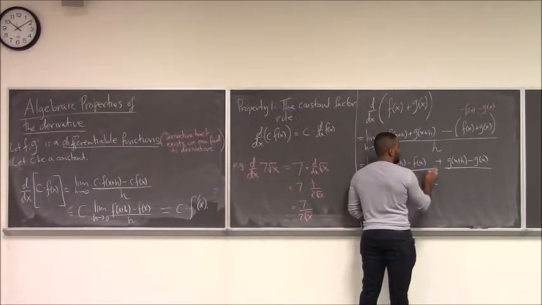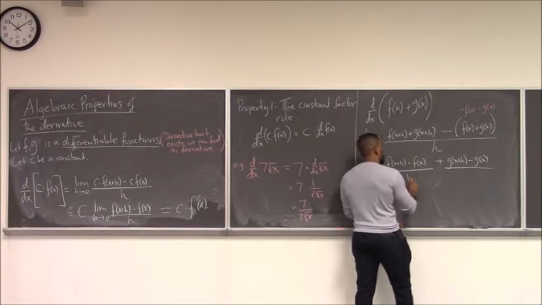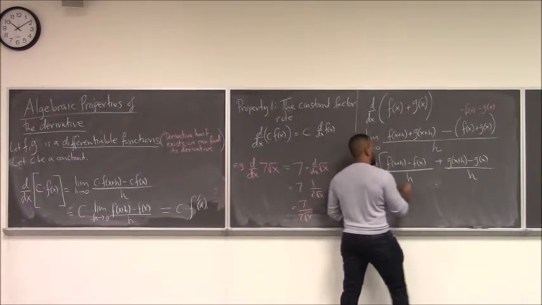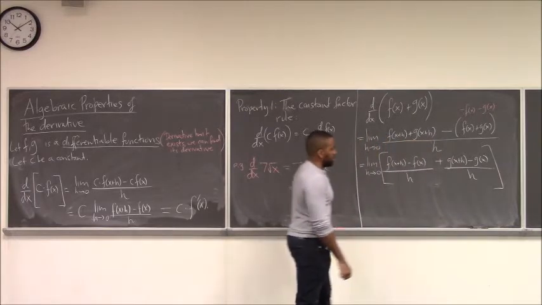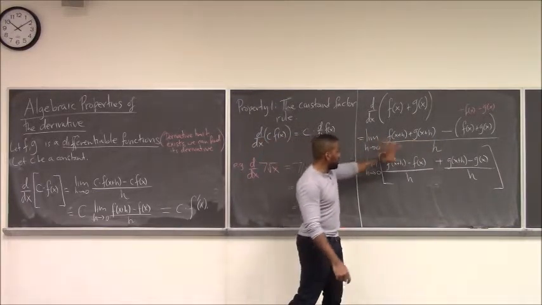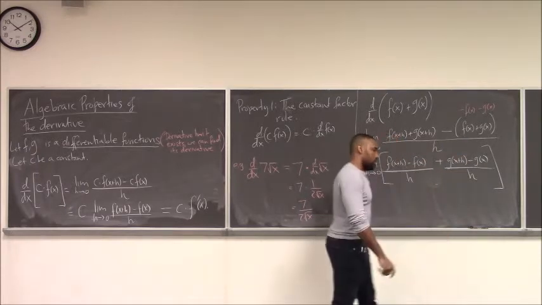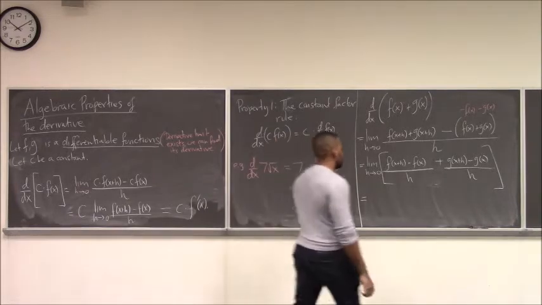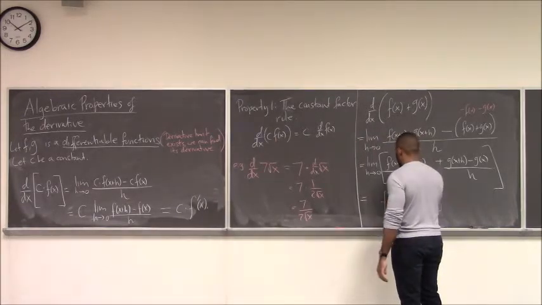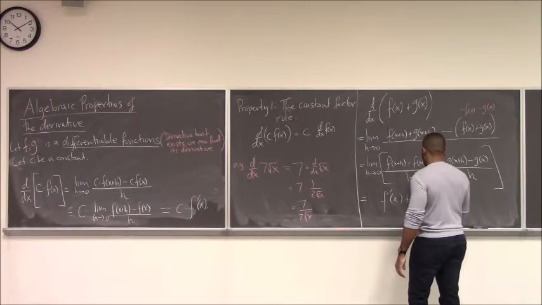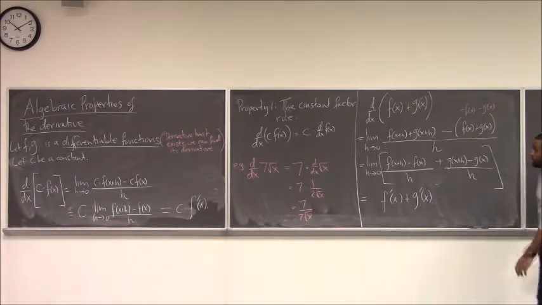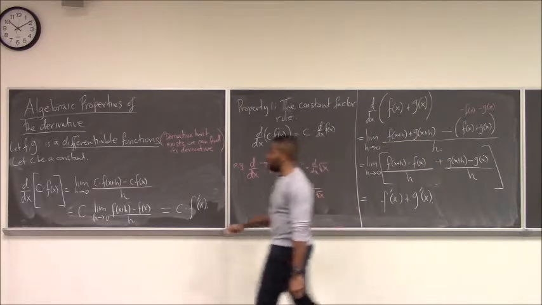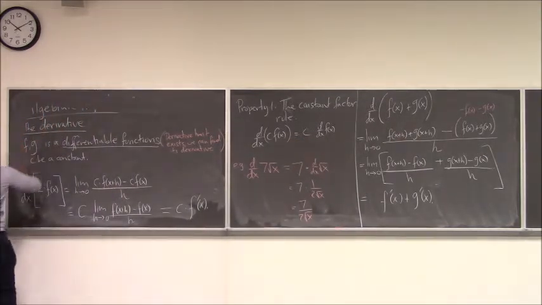So where this plus sign is, I could actually break this into two fractions. We know that limits distribute across a sum. So this is like taking the limit of that plus the limit of that. We have that from the limit properties. And so what you get is f prime plus g prime, because those give you the definition. In other words, the derivative of a sum is the sum of the derivatives. The derivative operator distributes across sums.